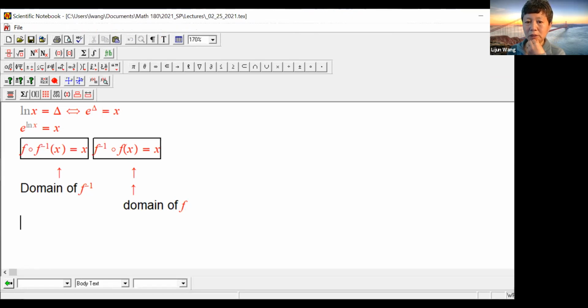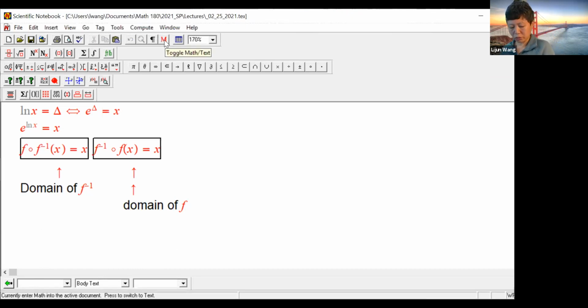Okay, get your paper and pencil. What you're gonna do is that we know that 2 to the power x and its inverse is log base 2 x.